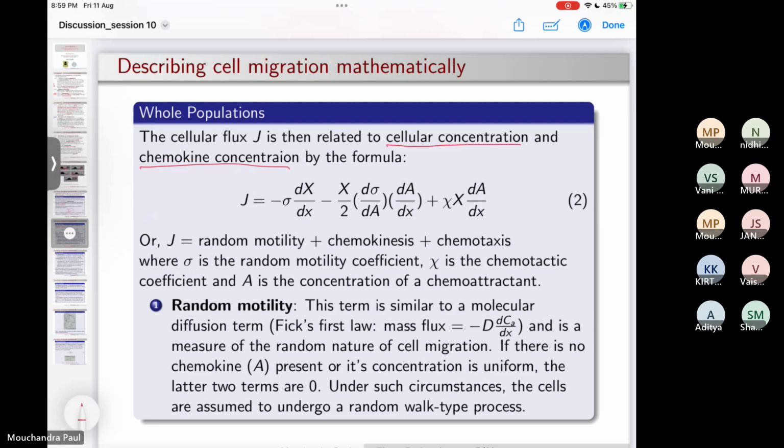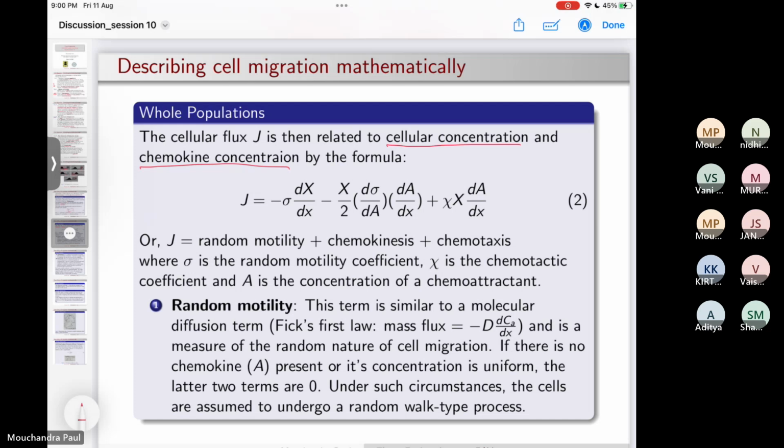So this kind of random motion is there, but cells also migrate in response to some concentration of chemokines. Chemokines, we will talk about them, are soluble signaling factors, and when a cell senses a concentration of this chemokine, the cell migration process is triggered. It is basically a signal for the cell to migrate to a particular target.